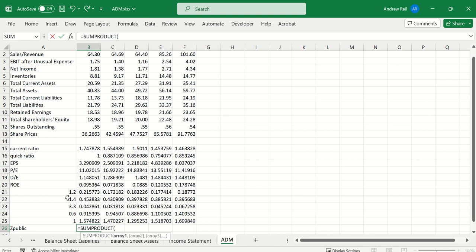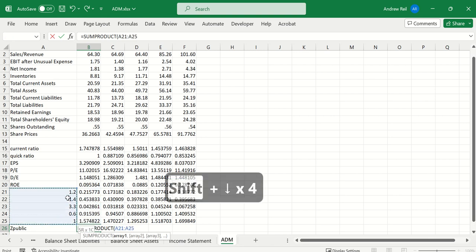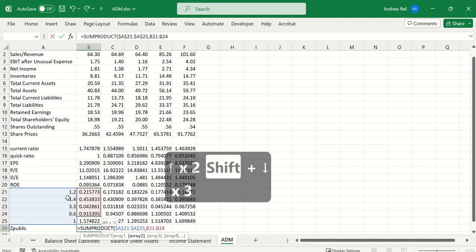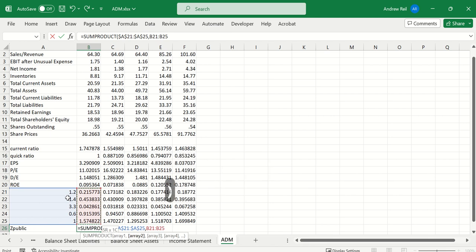So it's the first column, this factor that we're multiplying, and then I'm going to F4 that, because it's going to stay when I multiply it every year, it's always multiplied by these common factors. And then comma to go to the next column, and then I'm going to go to the 2018 year and select those and close brackets.